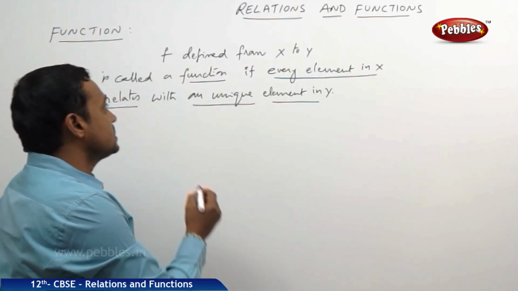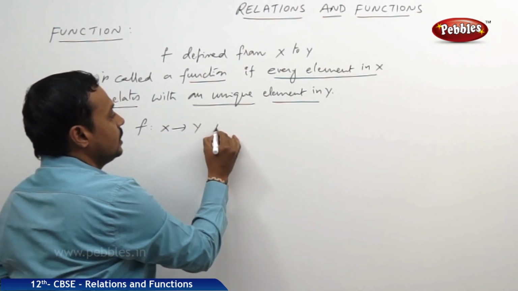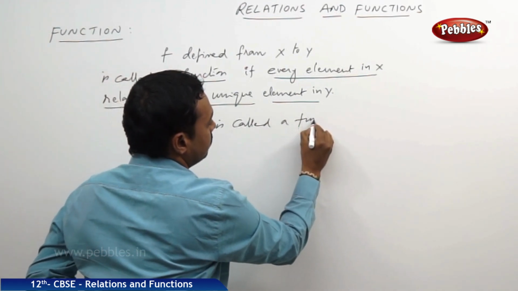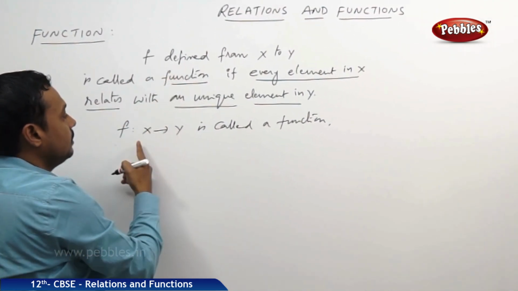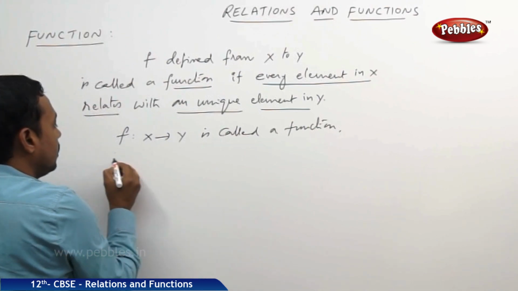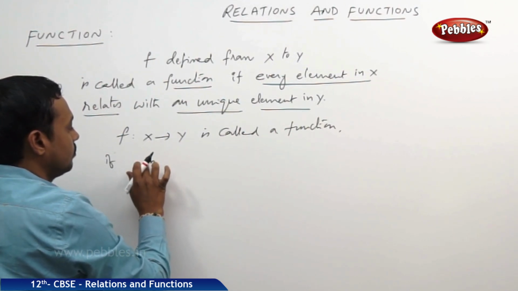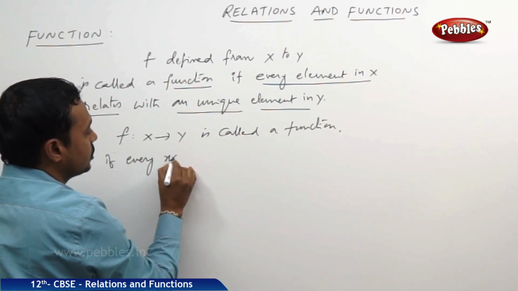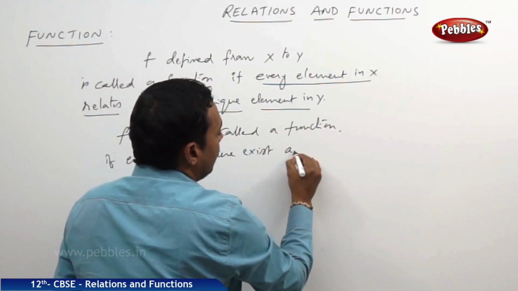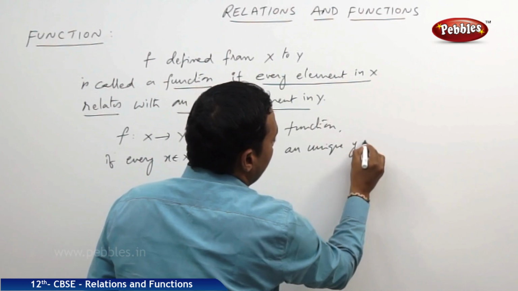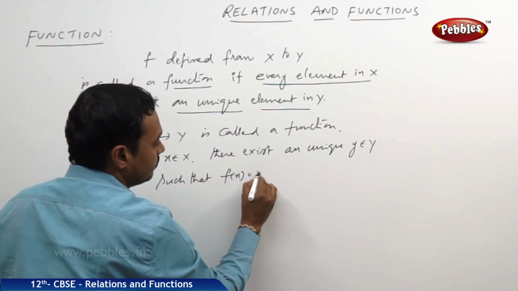In another way, it can be defined as a relation f defined from X to Y is called a function if for every x belonging to X, there exists a unique y belonging to Y such that f(x) = y.